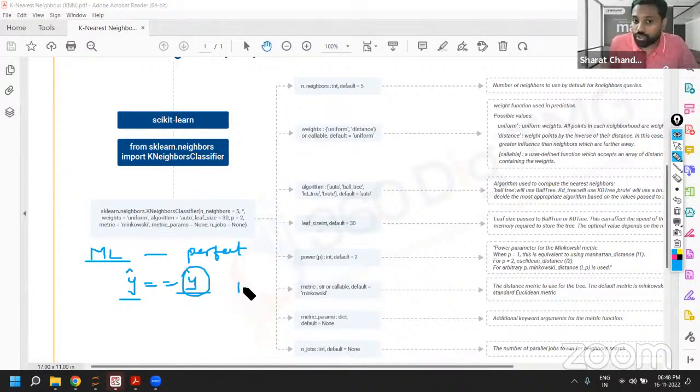That means accuracy should be 100%. But when we try to do this, the problem is the algorithm may get trained on the training data set alone. It tries to adjust itself so that it gives you 100% on the training data set. This scenario is called overfitting.